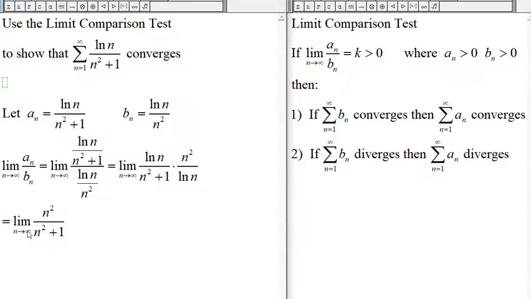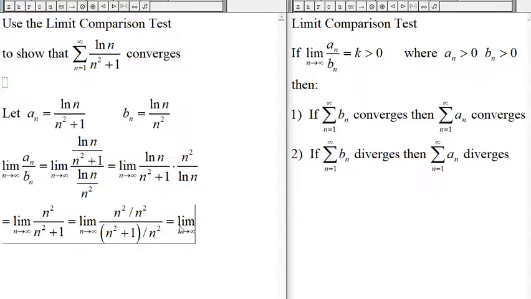And then now we can divide the top and the bottom by n squared. This will be 1, and then n squared divided by n squared is 1, and then plus 1 divided by n squared.